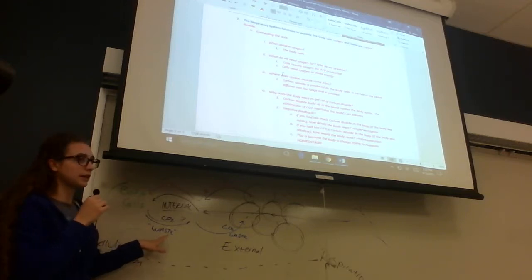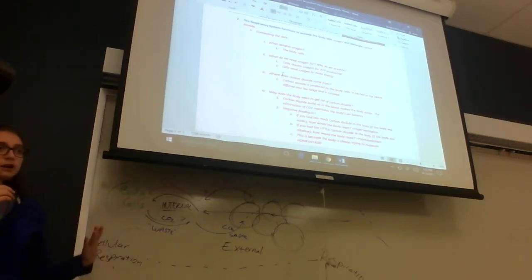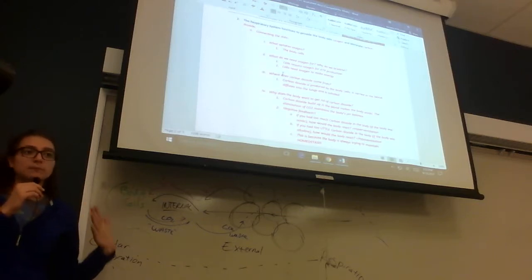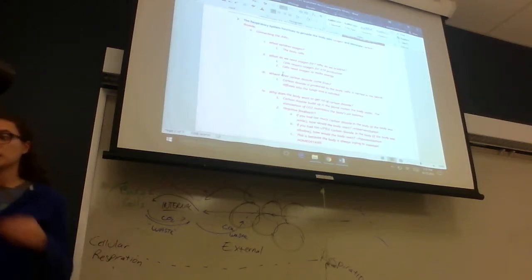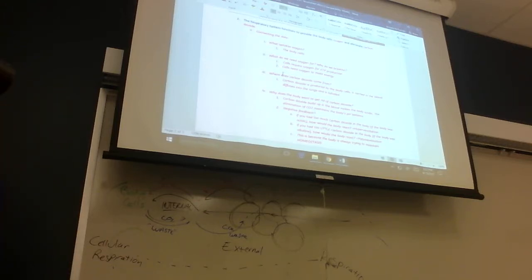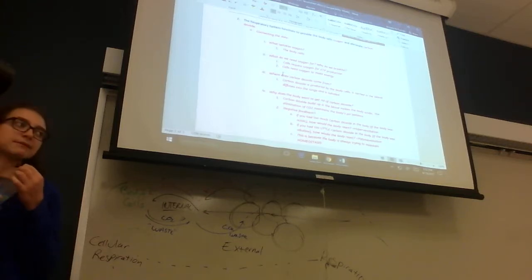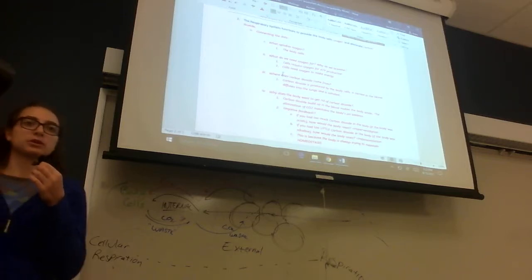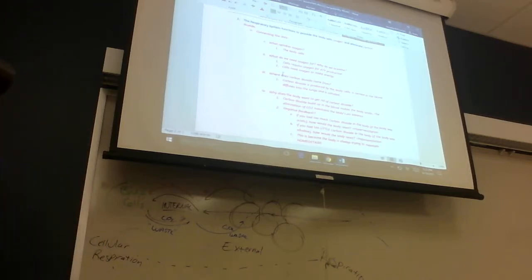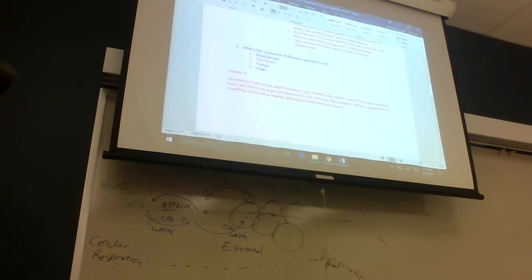If you didn't have enough carbon dioxide in your body, that would also be bad. And then we would hypoventilate, which is when you would breathe a little bit slower. So that's just some way that'll help you remember, hopefully.